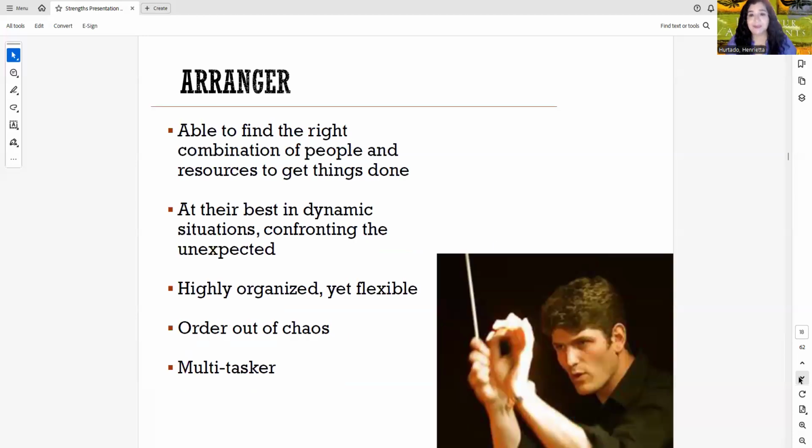As an arranger, which is also a theme that I've scored high in the past, you're able to find the right combination of people and the resources to get things done. At your best, you're dynamic in dynamic situations. You confront the unexpected, highly organized yet flexible, order out of chaos, and you can be a multitasker, but that's not always the case, or perhaps as healthy, to be multitasking and not focus on one task at once.